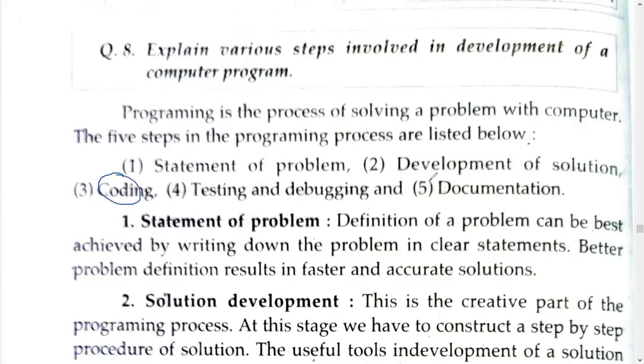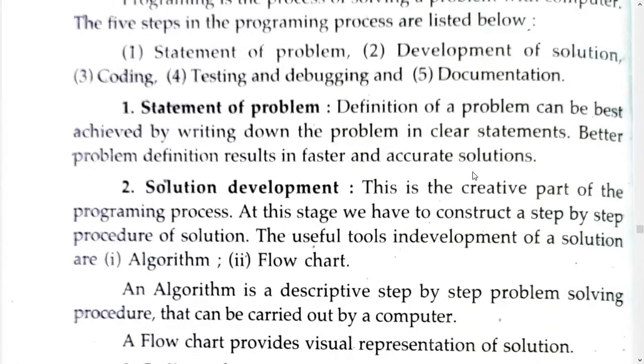So first, the statement of the problem, it is called the definition of the problem, can be written down as a clear statement. Better problem definition results in faster and accurate solution. If you understand a problem in a simple statement, you can think of better solutions.